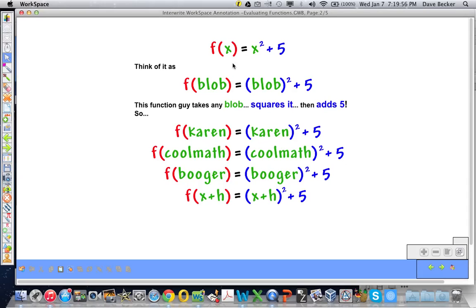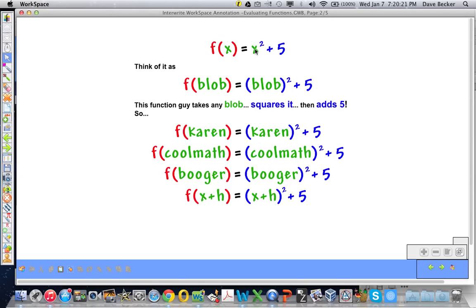Our original function is f of x equals x squared plus 5. And then we have f of x plus h. And people get all bent out of shape because, oh no, there's an x here and there's an x here. Forget about this x. It's gone. It's being replaced with whatever is in the parentheses.